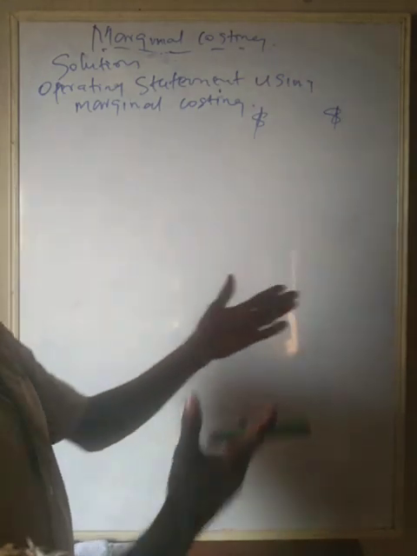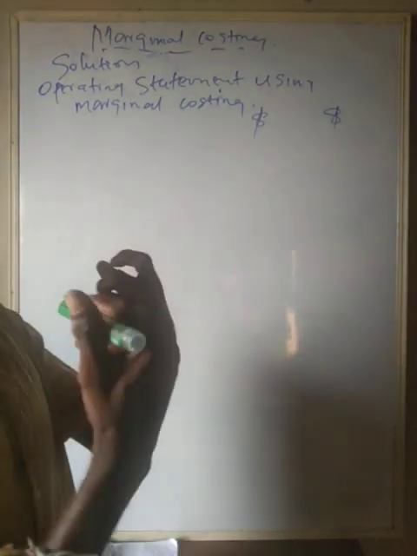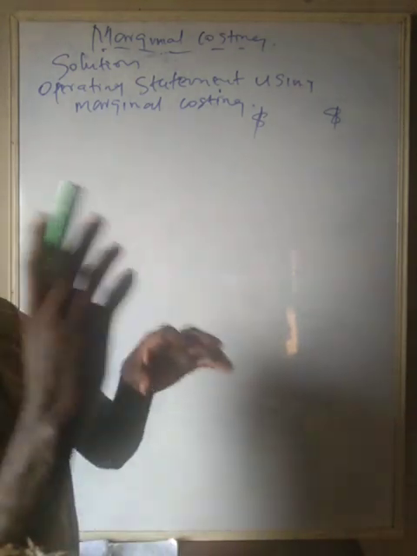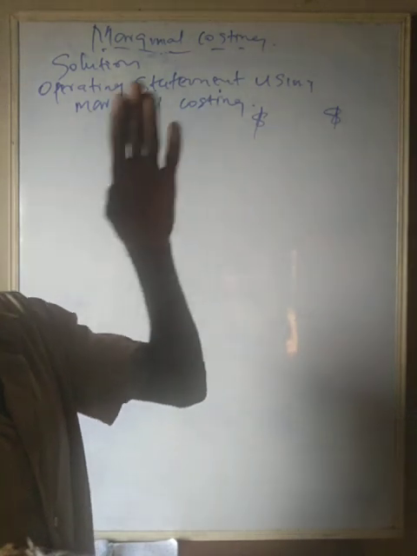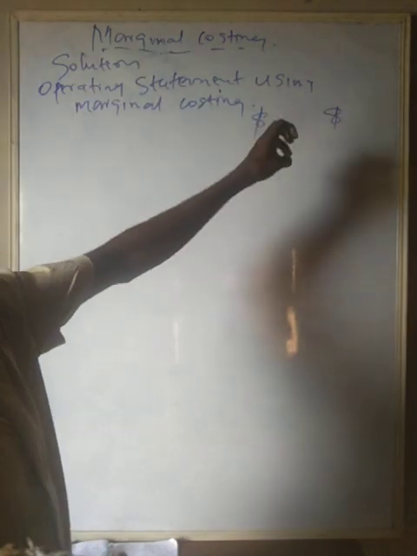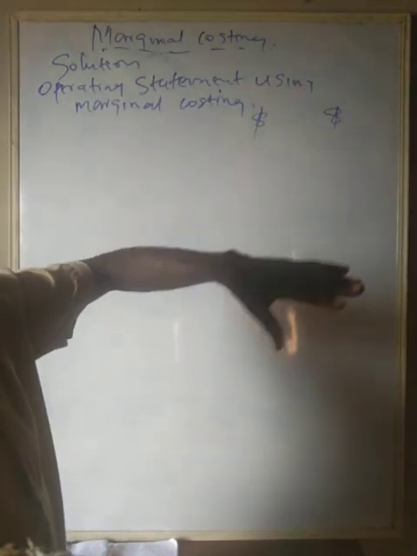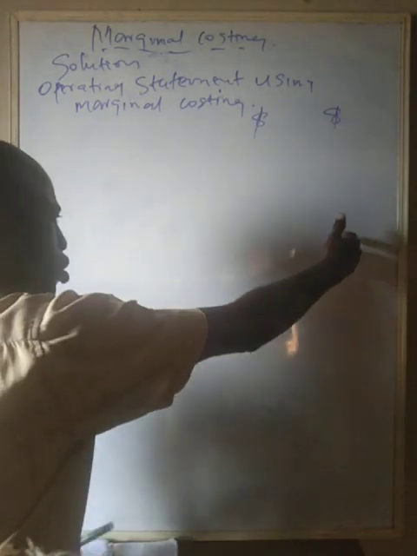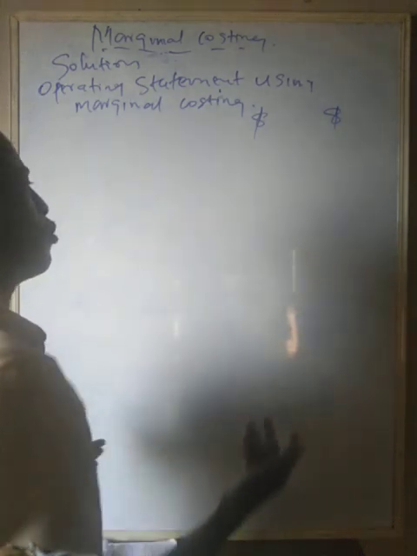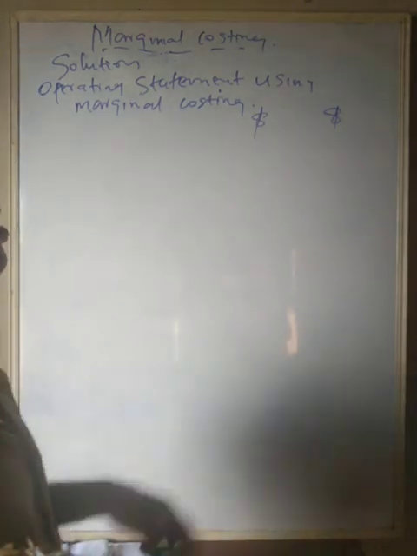In marginal costing, you distinguish between variable cost and fixed cost. You first charge variable cost from the sales to arrive at contribution, and after that you charge the full fixed cost against the contribution to arrive at net profit.